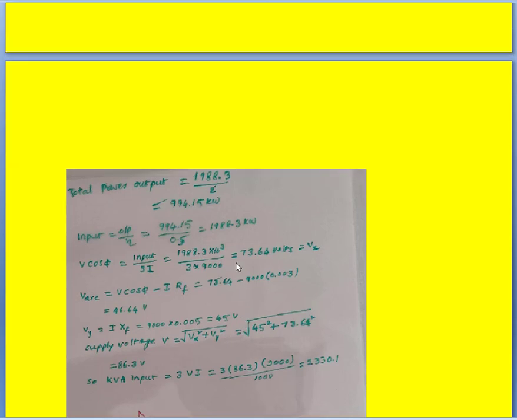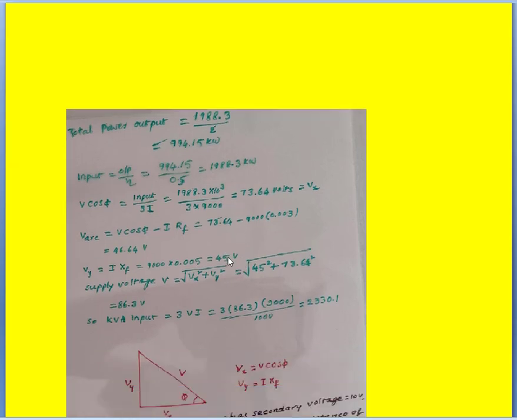So we know the Vx value, we know the Vy value, so we can calculate the actual supply voltage. V is nothing but Vx plus jVy, so that can be written as under root Vx square plus Vy square.